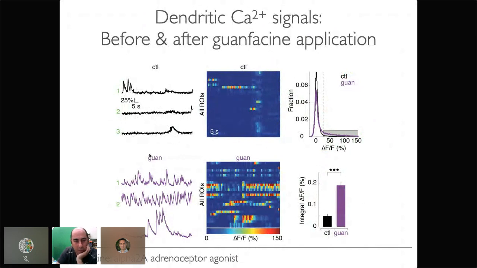And then we add a drug which is called guanfacine, which is an alpha-2A adrenoreceptor agonist. We do that on purpose, and I'll tell you in a second why, but this kind of imitates increasing the concentration of noradrenaline in the cortex. And when you do that, you pretty quickly see there's a big elevation in the frequency and amplitude of these calcium events in the dendrites.